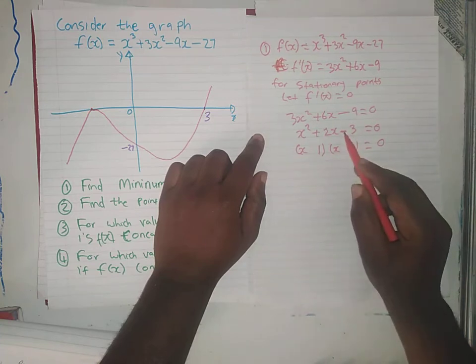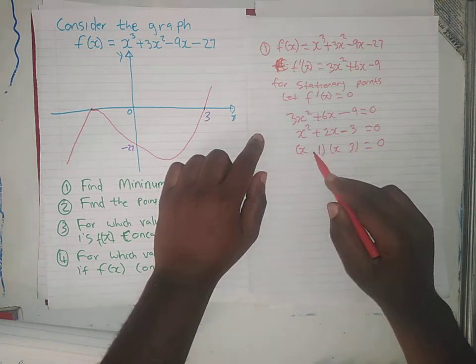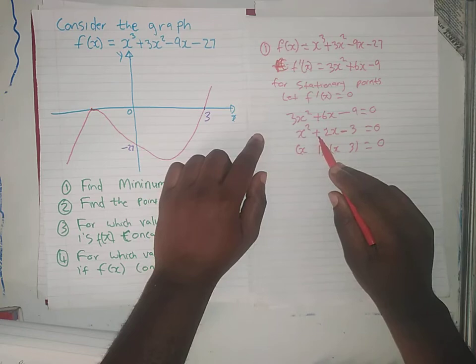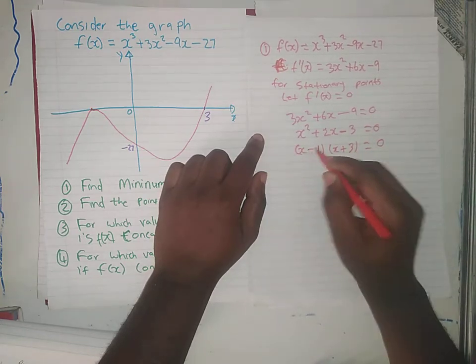Now I've got a negative sign, which is made by a positive and a negative. Where should I put the negative? You must look at the middle sign. The middle sign is plus, so the positive must be on the bigger number, so plus 3 and then minus 1.